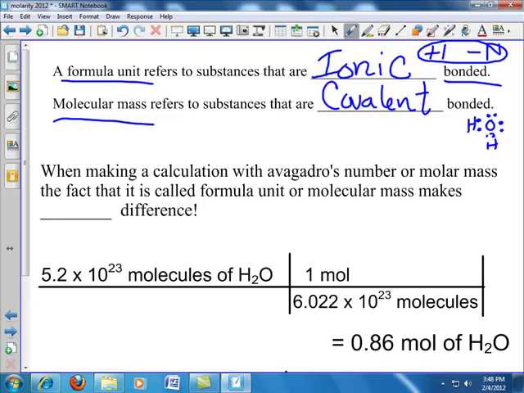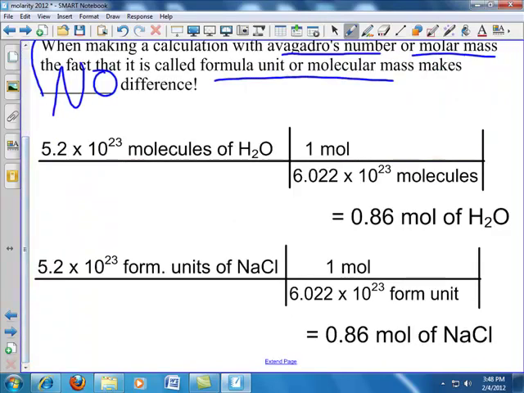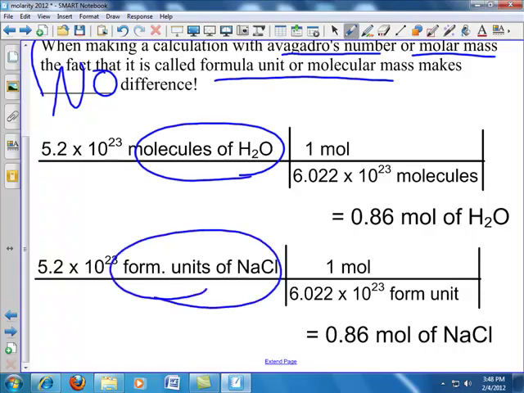Now, the bottom line here, though, is when we're making a calculation using Avogadro's number or molar mass, it does not matter what we call this. It makes absolutely no difference whether you call it a formula unit or molecular mass. In fact, I made a couple calculations here quick where I have molecules of H2O and formula units of NaCl, because this is a covalent bond and this is an ionic bond.